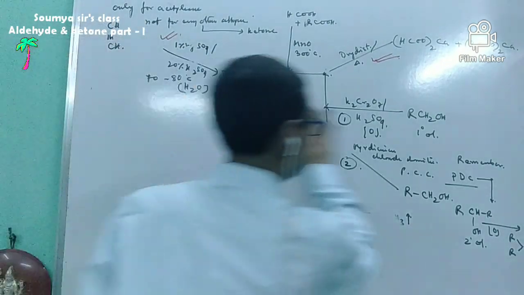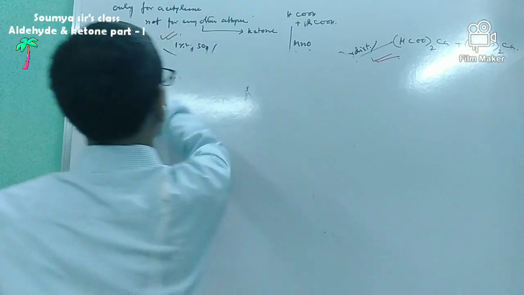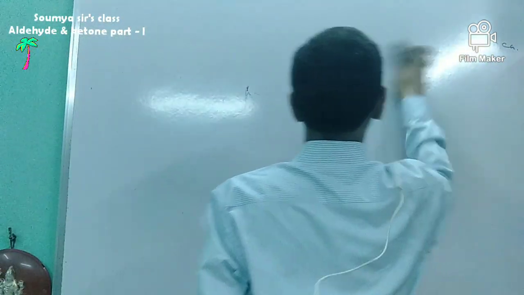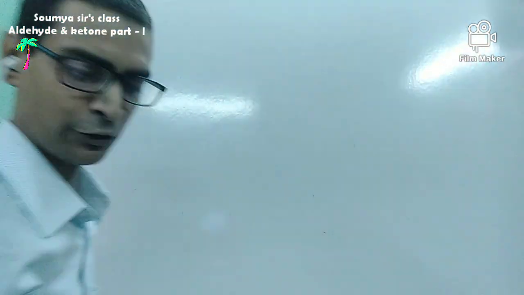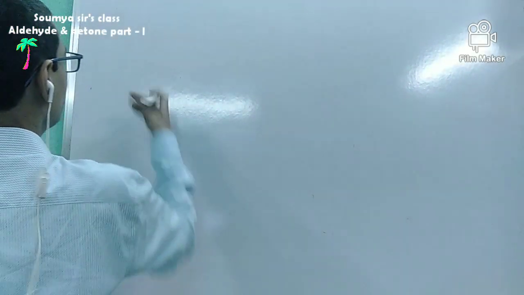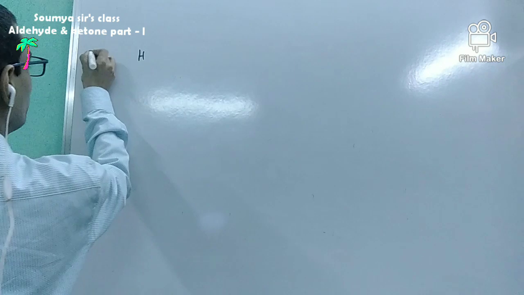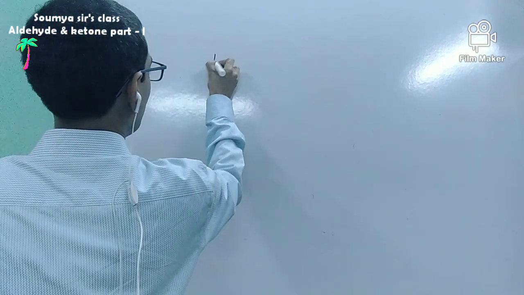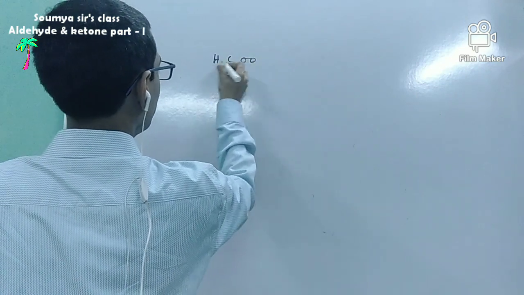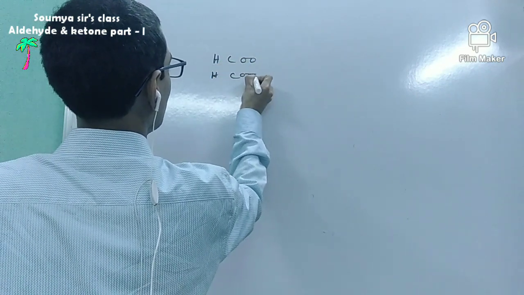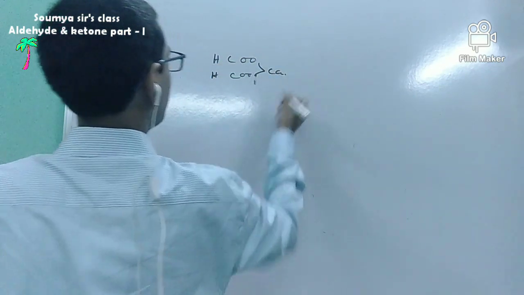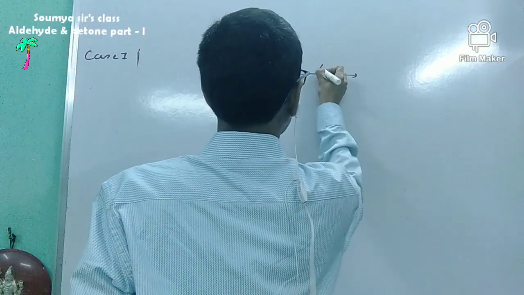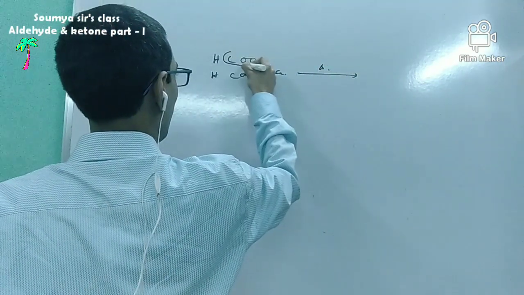If we use only calcium formate, this is technically case number 1. When it is heated, it always removes one calcium carbonate and forms formaldehyde.